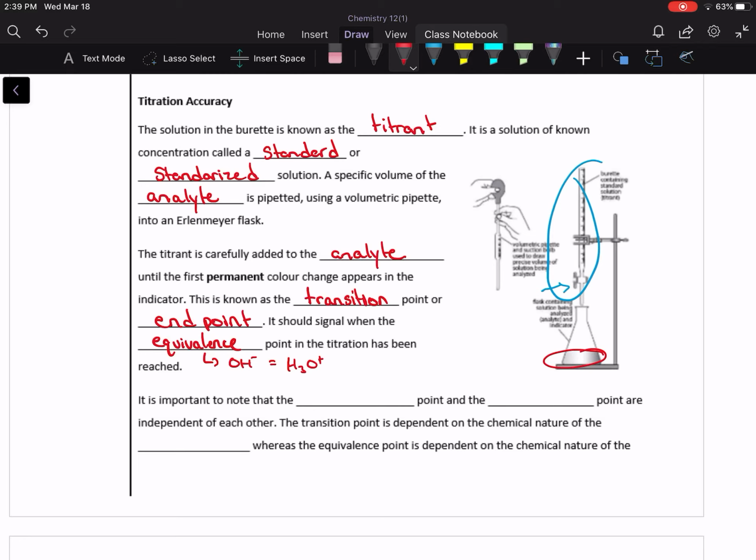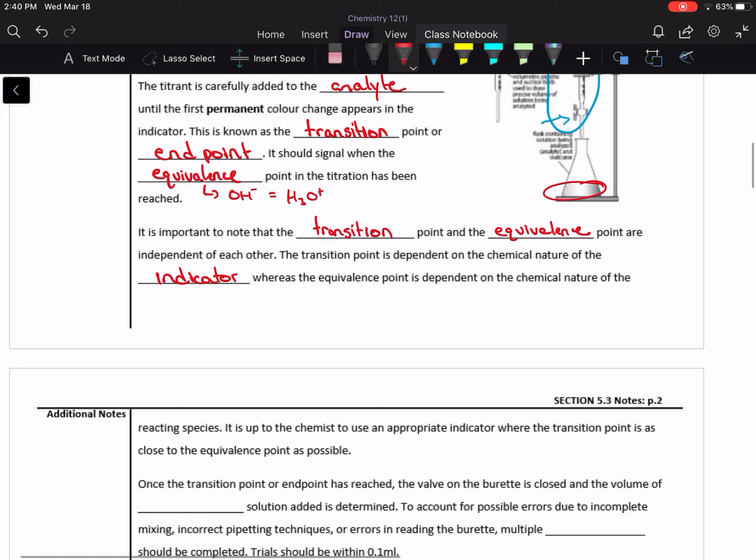So it's important to note that the transition point and the equivalence point are independent of each other. The transition point is dependent on the chemical nature of the indicator, whereas the equivalence point is dependent on the chemical nature of the reacting species.